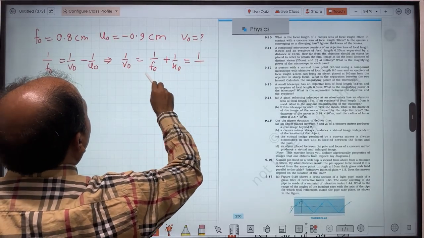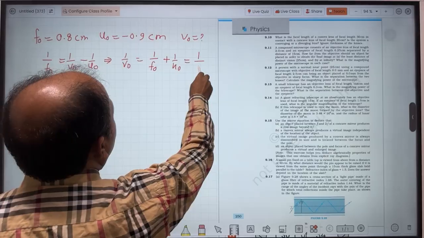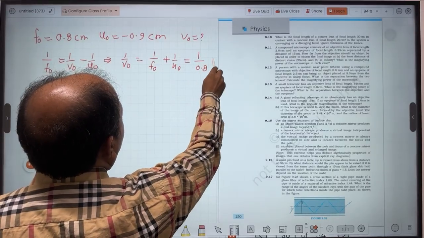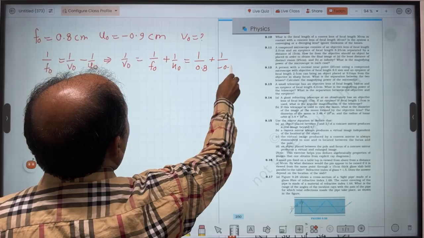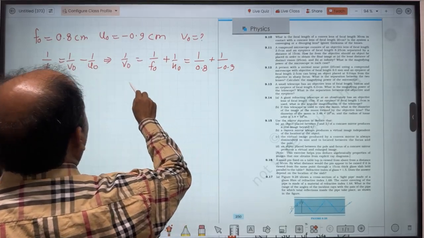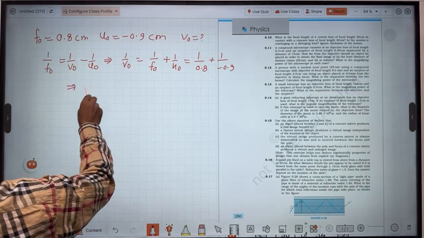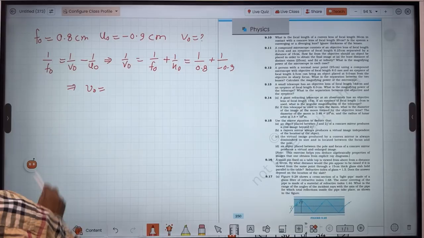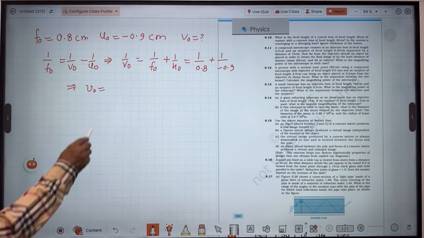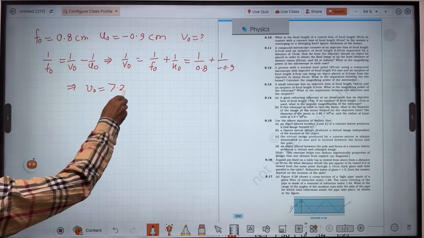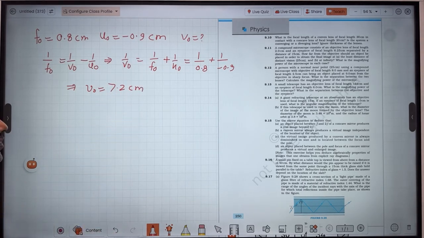We can put the values 1 upon FO 0.8 plus 1 upon minus 0.9, right? So we can evaluate. Just give 1 minute to find its answer. So this will give 7.2 centimeter. So we have got VO.